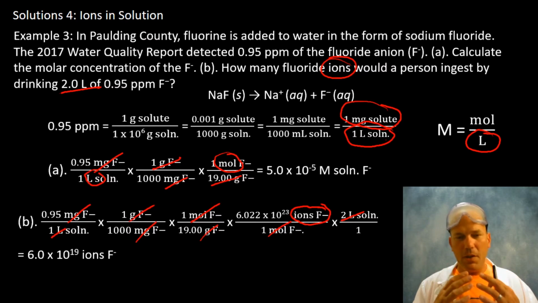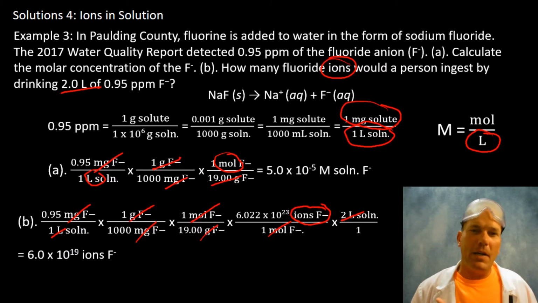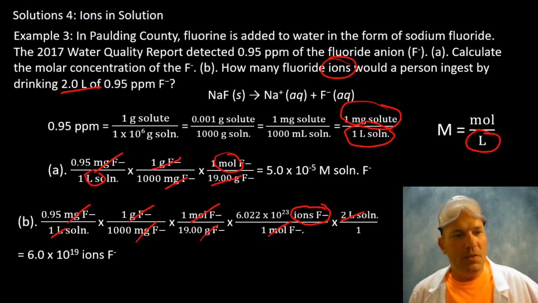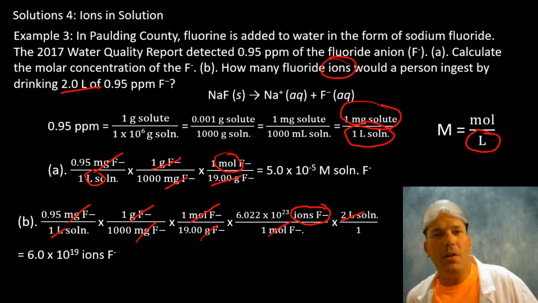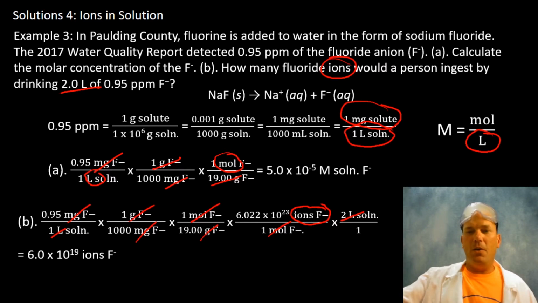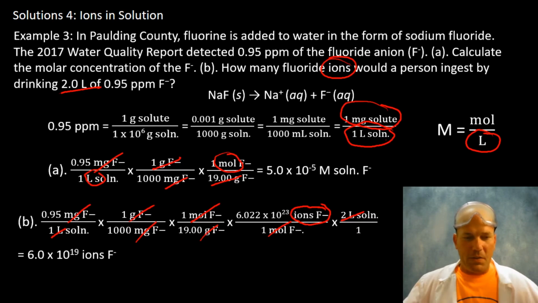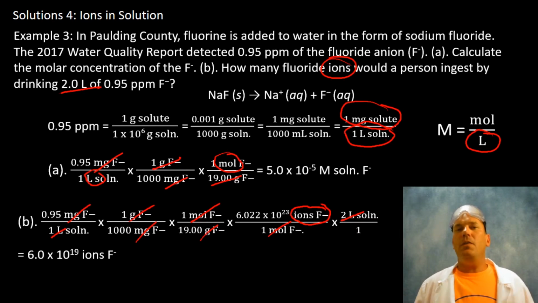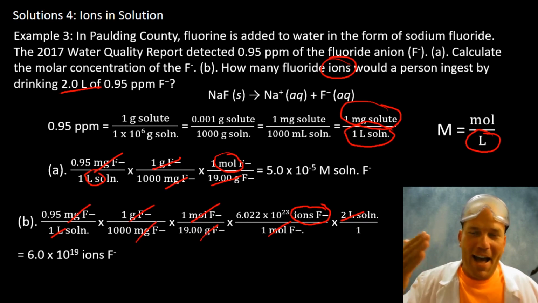So I wanted you to see something a little more complex. I wanted to use another form of concentration and show you how it could be converted into molarity, so we could then go through and use stoichiometry to solve this problem. So if you drink 2 liters of water in Paulding County, you are going to consume a lot of fluoride ions.